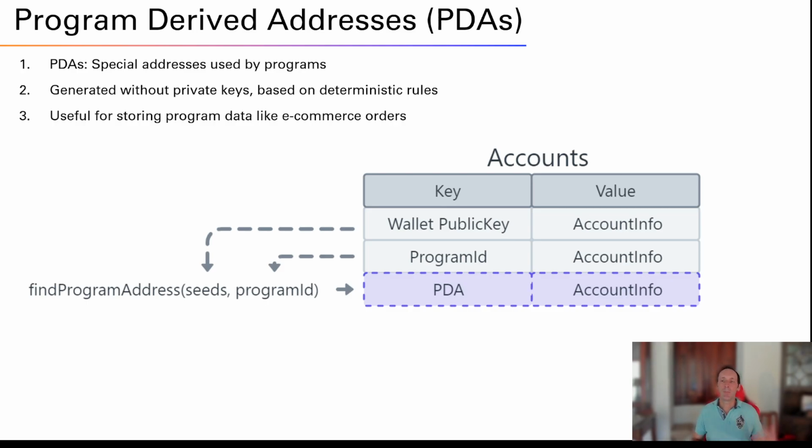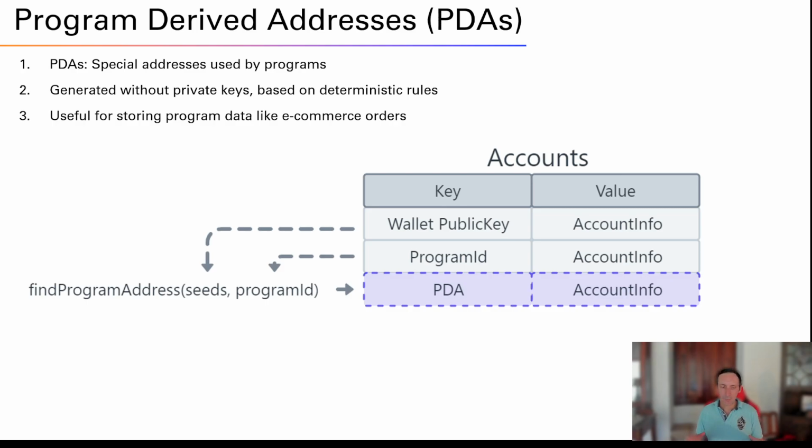So a program is an account, but it's marked as an executable account, so it has code that runs. And then PDAs are data accounts effectively, and these are the places where the programs actually write data. What makes them special is that they don't have a private key. These are addresses that do not have a private key, and are instead generated deterministically using seeds and the program ID, for example.